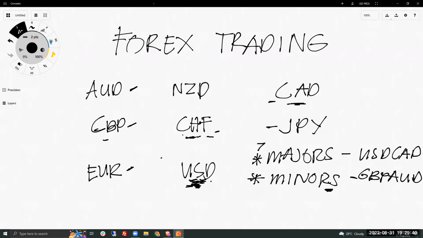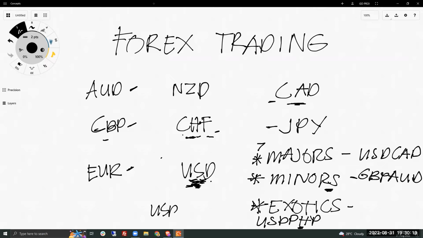Okay? And lastly, last category is what you call exotics. These are currency pairs na one or two dun sa currency pair hindi kasama yung top 8. Example is yung kanina nating sample, USD, PHP. Kasi si PHP hindi siya kasama sa top 8. Another example ng exotics is USD, SGD, Singaporean dollar.